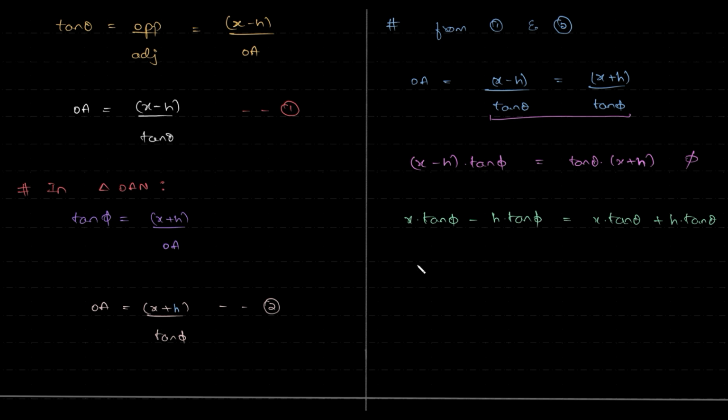That's it. So x tan phi minus x tan theta is equal to h times tan theta plus tan phi. And here we have x is equal to h times tan theta plus tan phi, I'm taking x common and then transposing. So you need not show all of that.